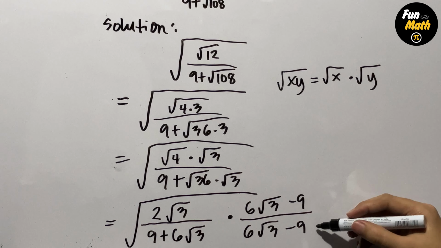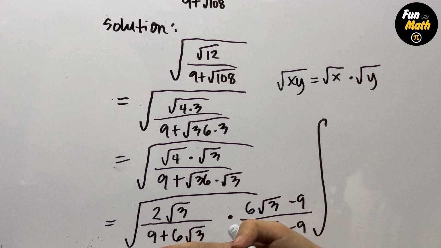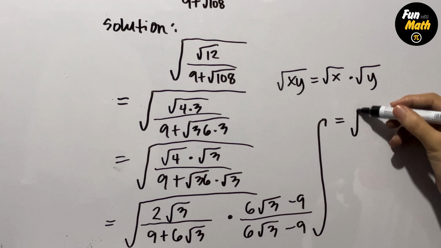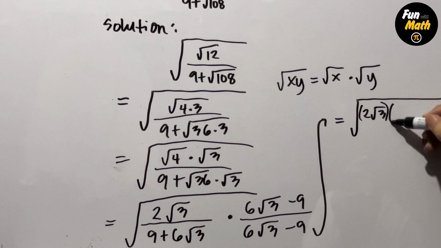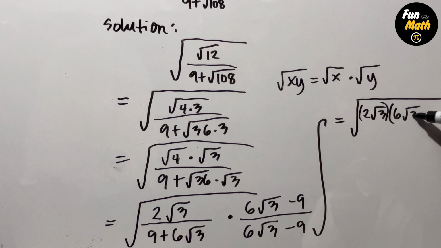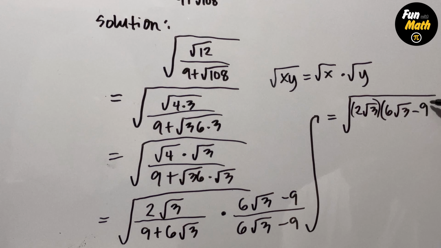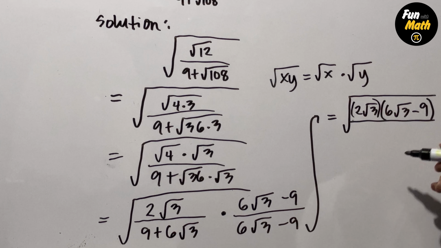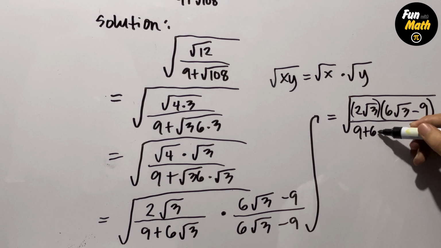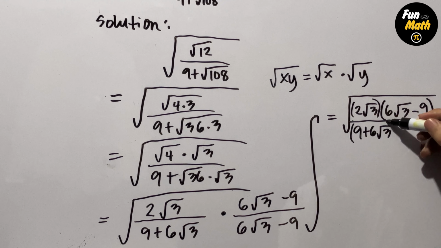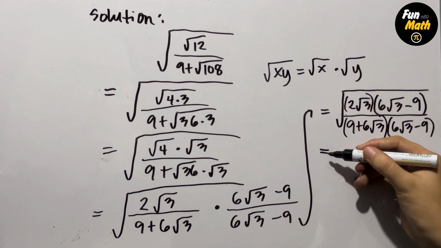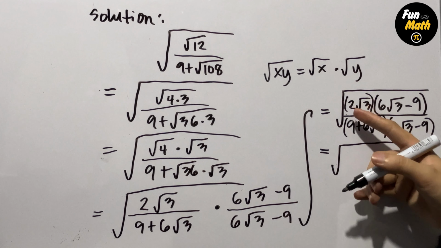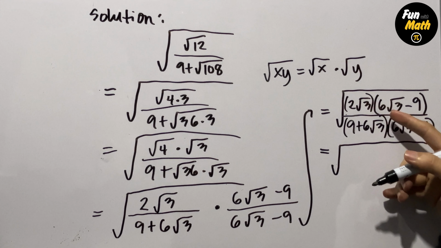And then next, we can write this as equals 2 square root of 3 times 6 square root of 3 minus 9 all over 9 plus 6 square root of 3 times 6 square root of 3 minus 9. And now this is equals 2 square root of 3 times 6 square root of 3.